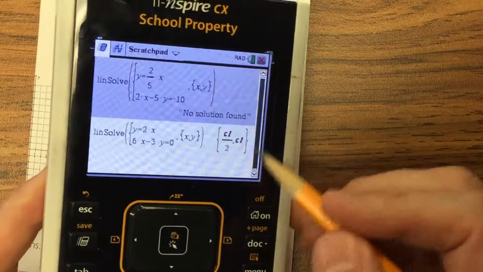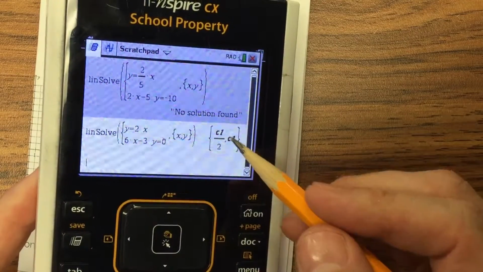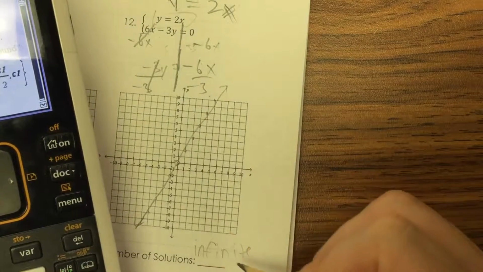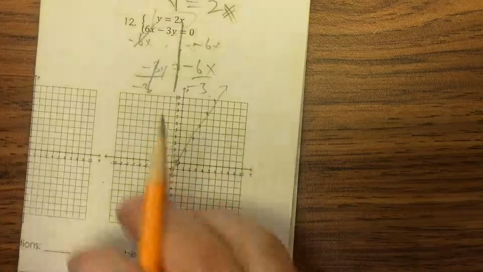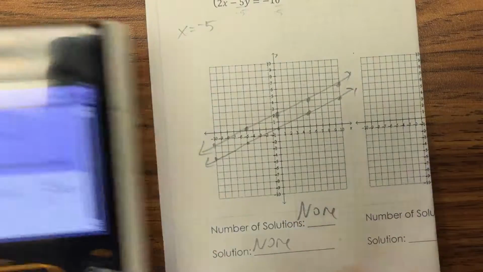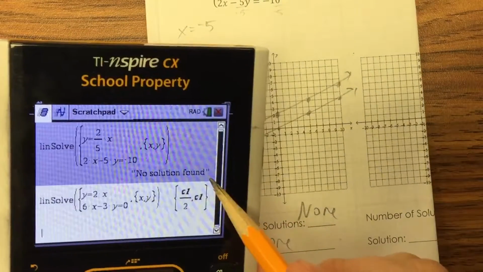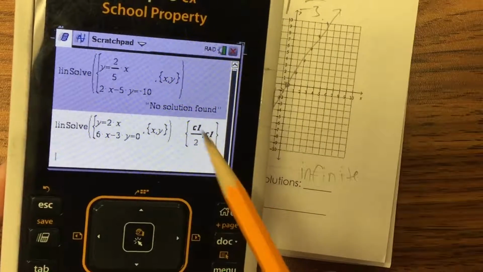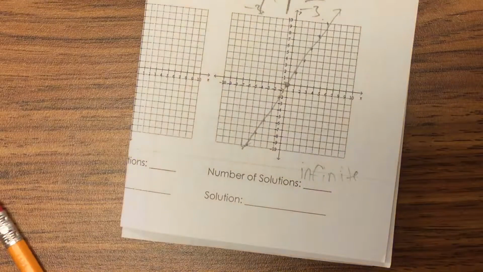So when you see C1, I basically want you to realize it's the same line twice. How many solutions? It's infinite solutions. So in summary, no solution found will appear on your screen for parallel lines. Infinite solutions will not appear on your screen. Instead, you're going to see C1, okay? I hope that helps in class.